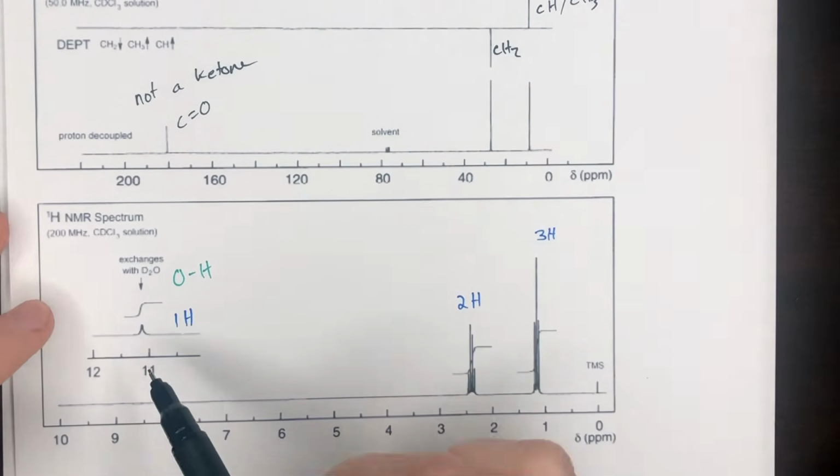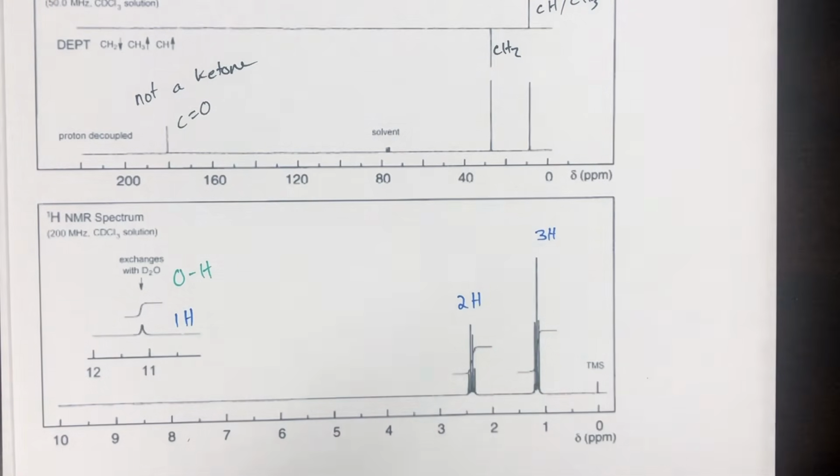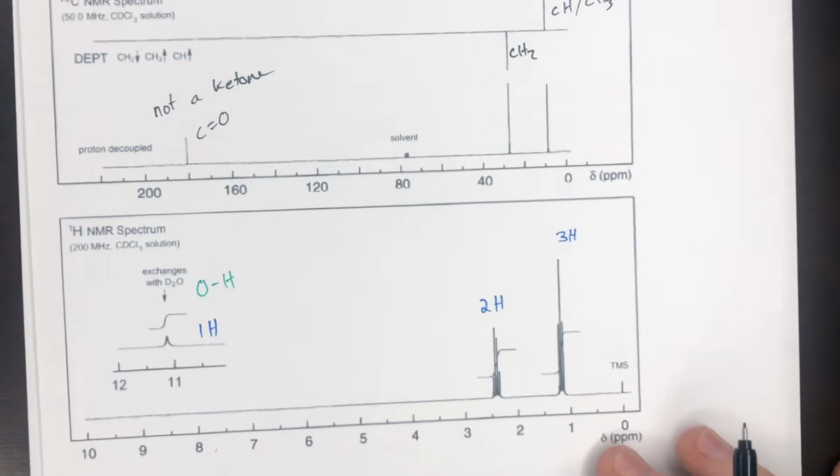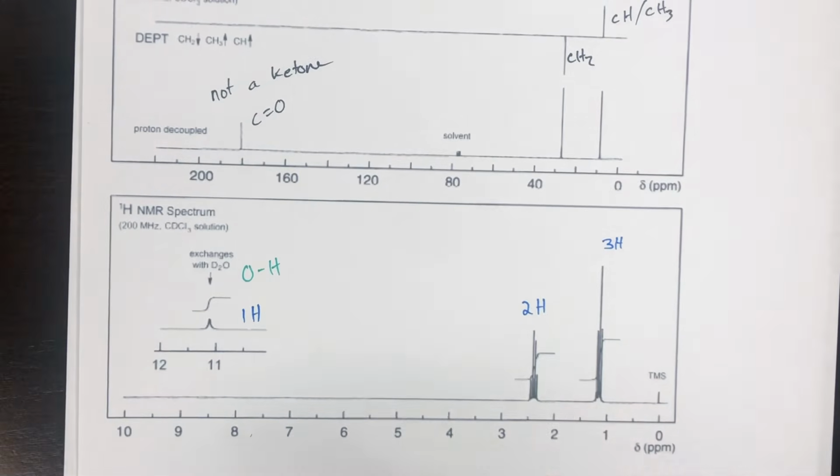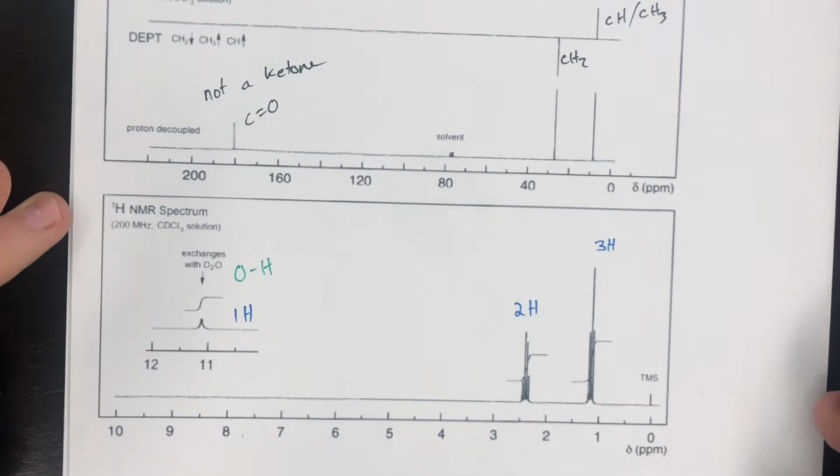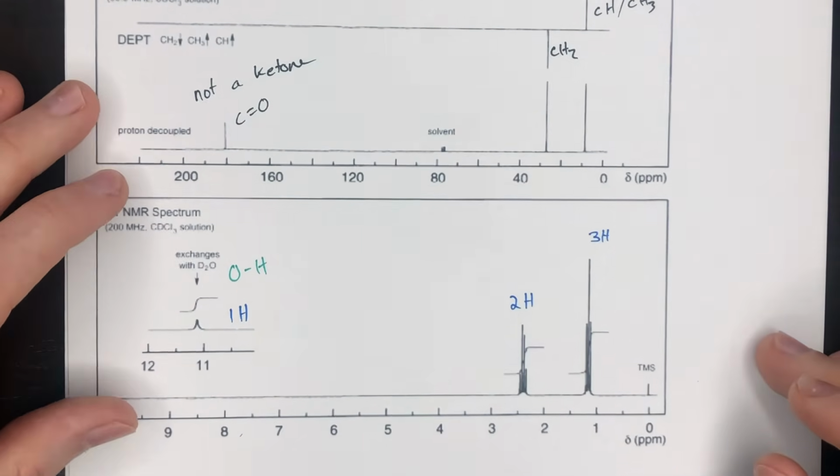And again, we see it so high, that's likely of a carboxylic acid, but that's not necessarily factual, since the chemical shifts of these exchangeable protons can vary a lot. So we're not even going to say that, but we know that it's just an OH. That's what we have for definitive information.